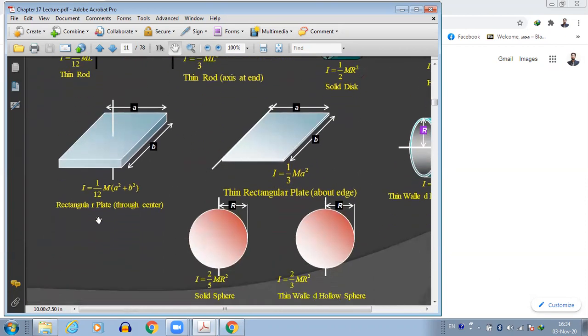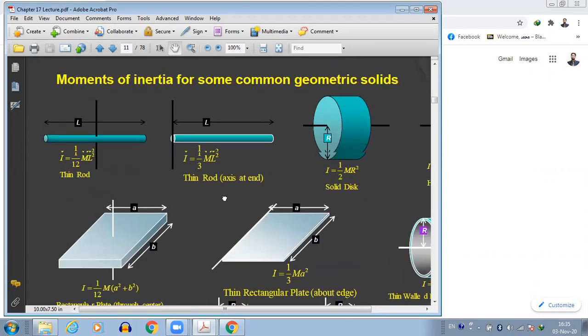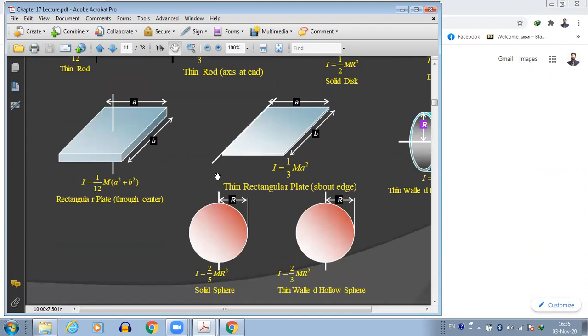Suppose it is a rectangular plate, and the axis of rotation is through the center. We have two sides of the plate, a and b. So we can write the moment of inertia as 1 upon 12 m (a square plus b square). Why am I going through all these formulas and shapes with you?